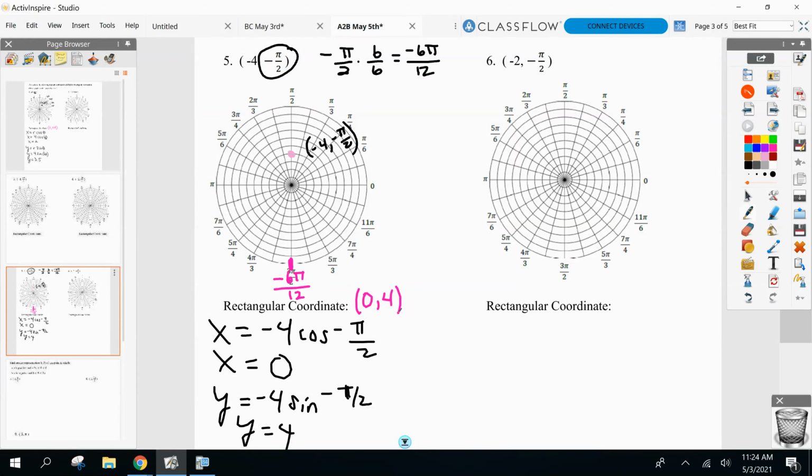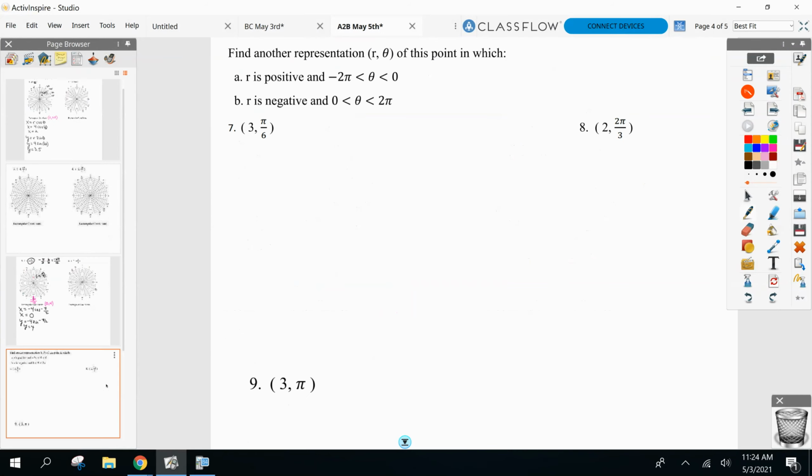Next up on the quiz tomorrow, if you go to number 7, rename a point, but don't change the location. Give the point another name, but it does not change the location on your polar grid. All right, so 7. I have 3 pi over 6. There's 2 parts here. I love this question because it's going to make you really think.